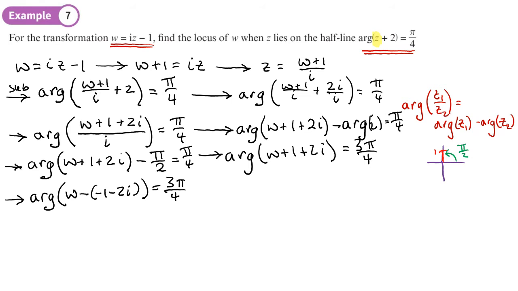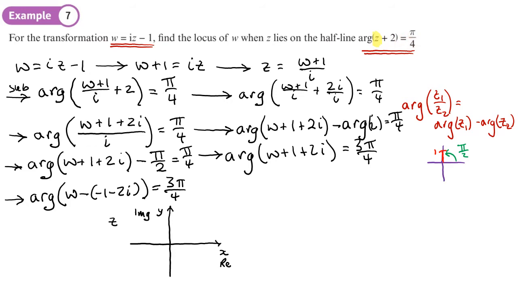So I could describe it, but I'm actually going to draw it. So let me start by drawing the half line we started with. If I do this as x and y, this is the real, this is the imaginary plane. So this is z, this is what we started with, and we started with a half line like this.